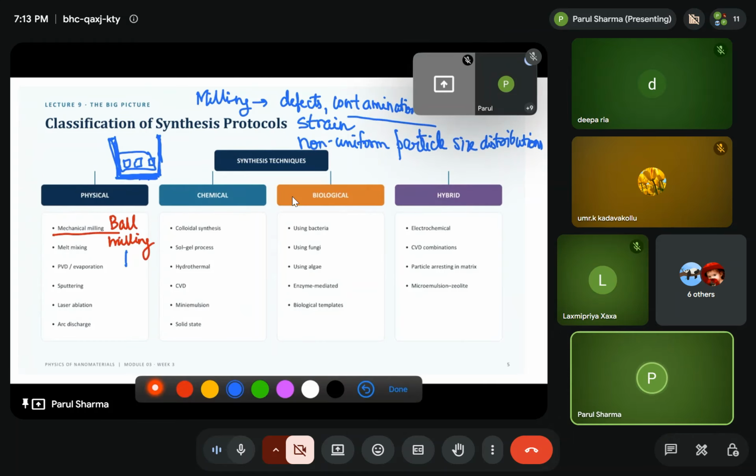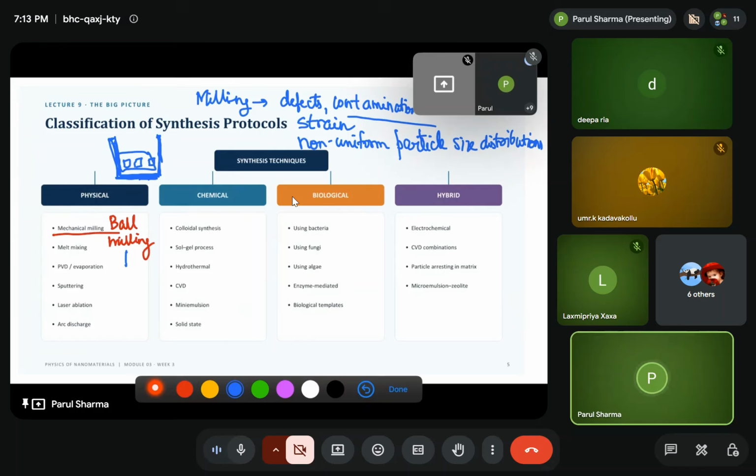Although this is simple and scalable, it doesn't always provide excellent control over the nanoparticle size and morphology. So this was one physical technique which we use for creating nanoparticles.